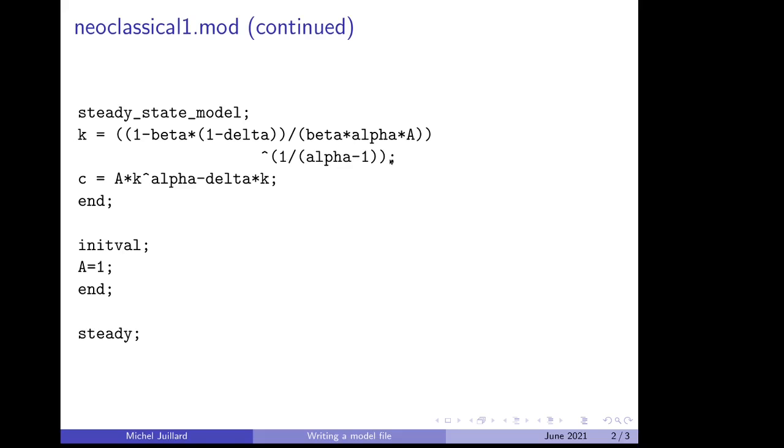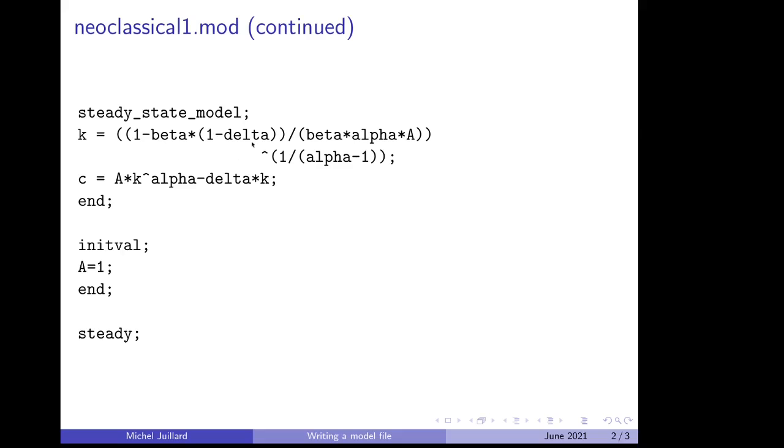Again, semicolon. Then C is equal to A times K at the power of alpha minus delta times K.